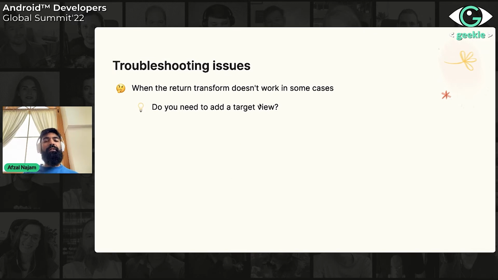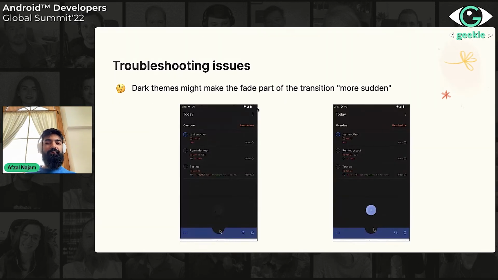So the way it got solved is I added a target view referring to the fragment container view that contained the quick add or the big container fragment. And then when the return transition started, it detected, okay, that's the container that needs to be dealt with. So that started working at that point.